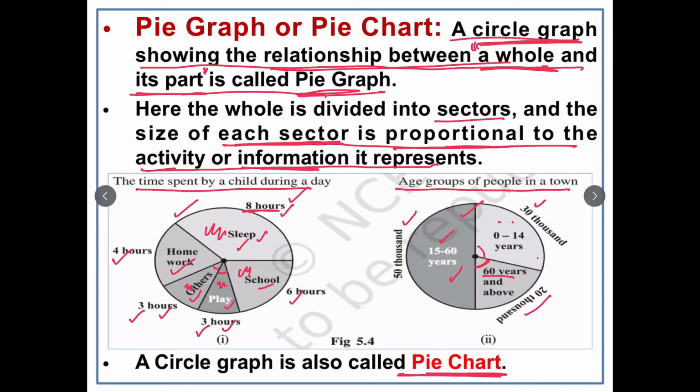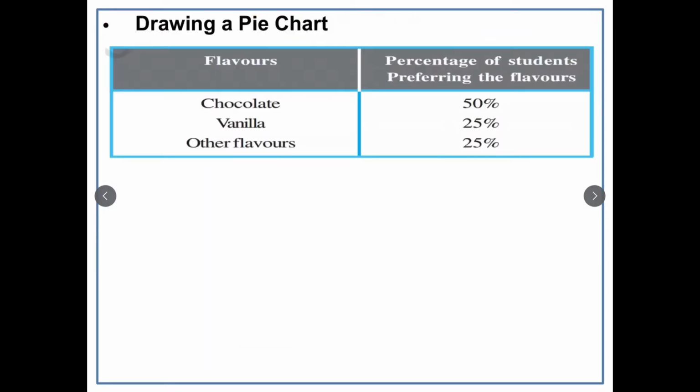Let's understand this with the help of an example. Here we will understand how we draw a pie chart. We are given information about the flavor of ice cream liked by a group of people.